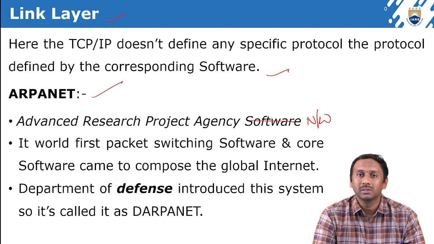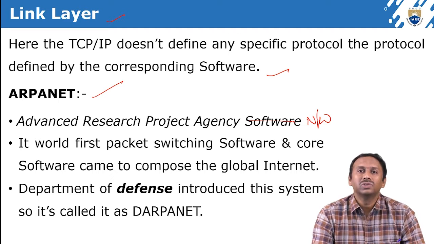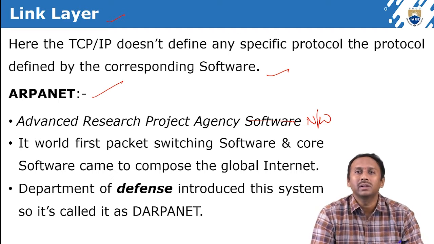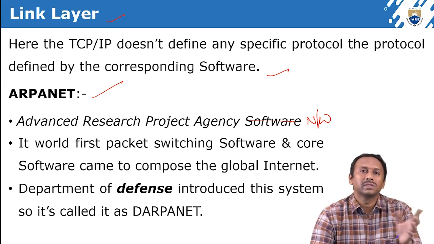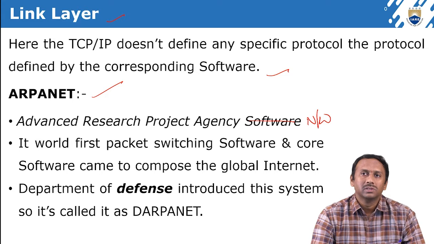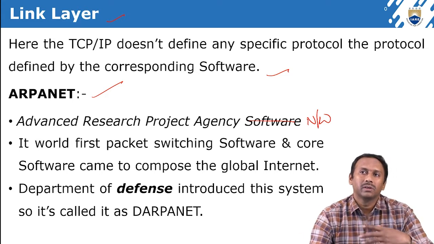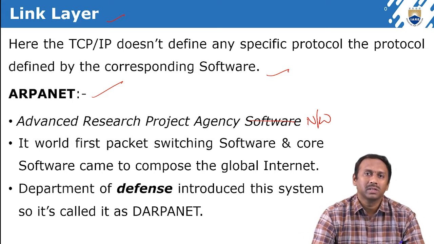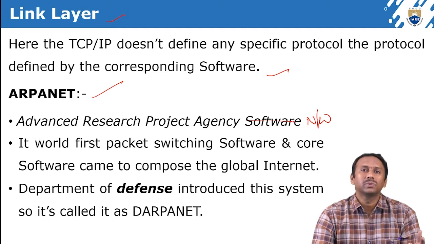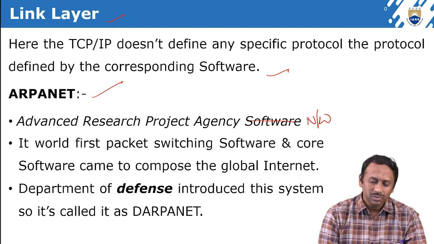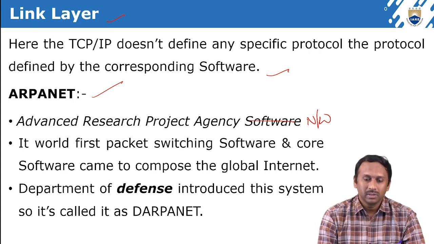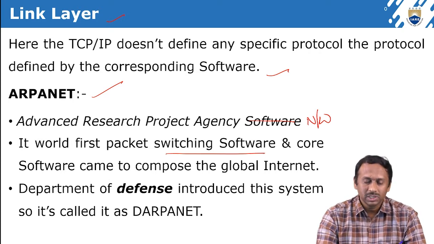Initially this was a government project. They were going to communicate with all the government bodies through the network. They just establish a network and transmit messages or files, whatever is important.